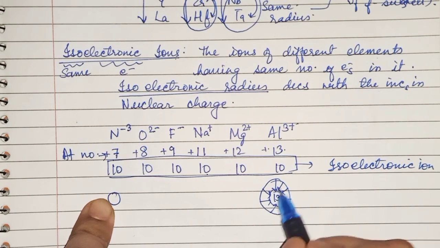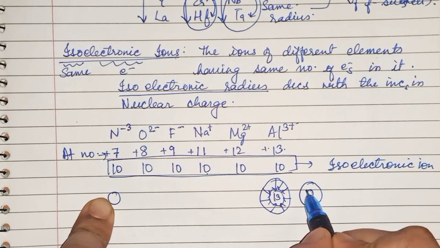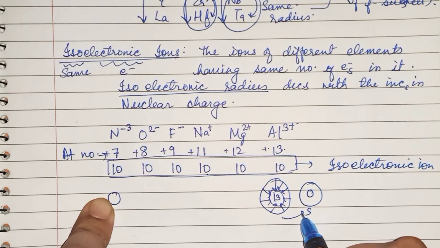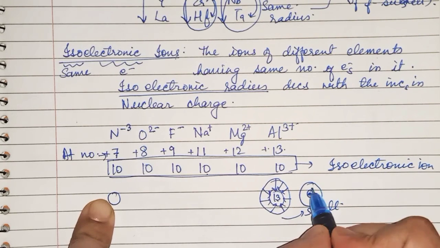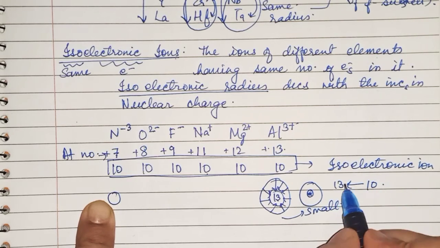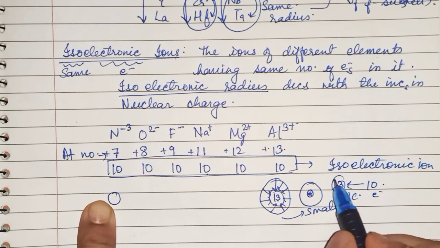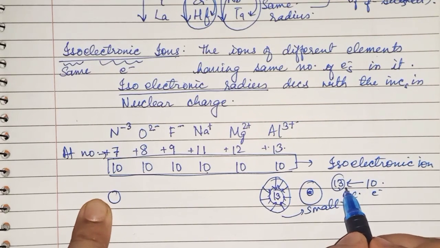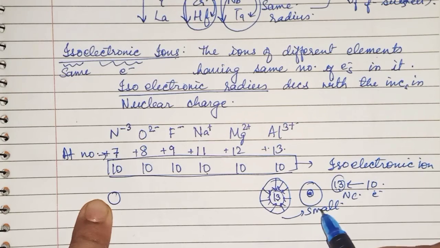So the size of the ion which has more nuclear charge will be very small. Why is it small? Because nuclear charge is 13 and it has to attract only 10 electrons. So nuclear charge is more and electrons are fewer, so it will attract the electrons more strongly towards itself. So the size will be small.